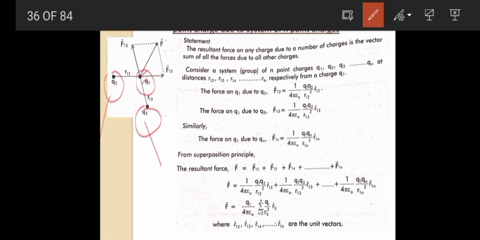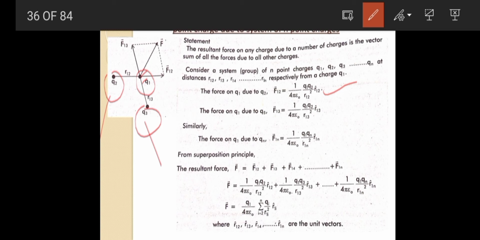The force on charge particle q1 due to the charge particle q2 is the electrostatic force between charge q1 and charge q2, which is equal to F12.